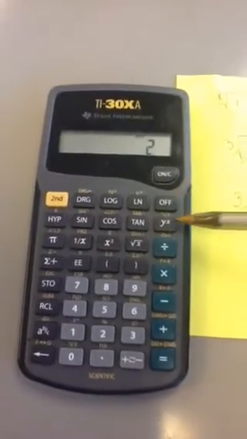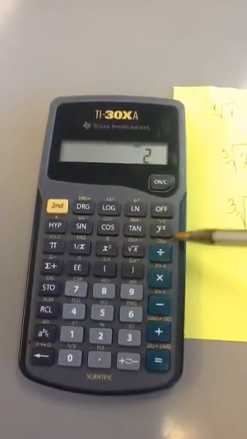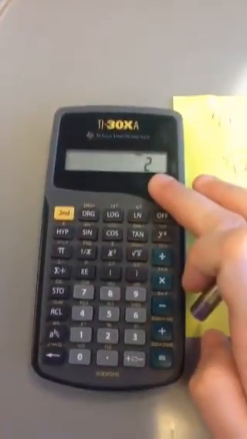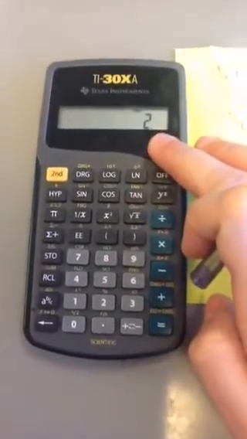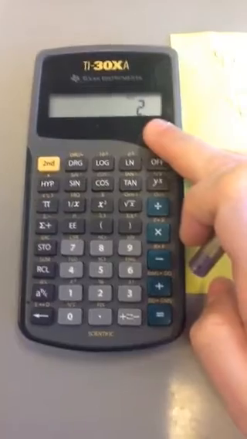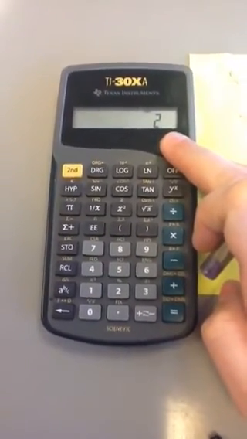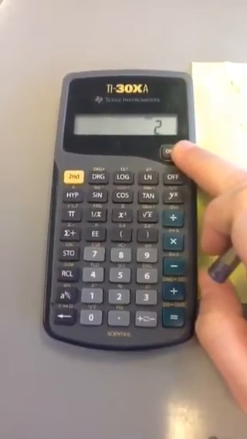But you could use the Y^X button as well, especially if you want something other than a square root or a cube root. So hopefully this quick little demonstration of your calculator will help you with your calculator skills, and that it will not be a user error in your calculator woes.